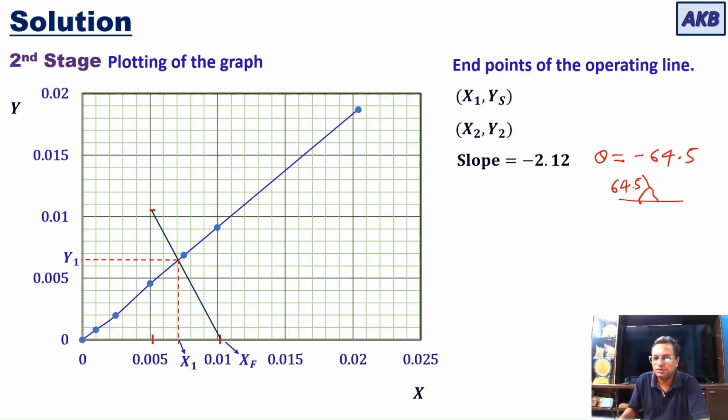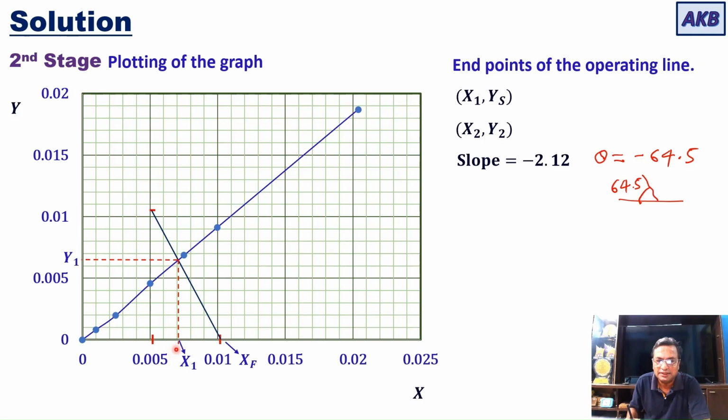So again, I will use the approach that I used previously for plotting this operating line. Or else, since the slope of the operating line for the first stage and for the second stage is the same, you can just draw a line that is parallel to the operating line for the first stage. You can do that, or you can use the approach where the definition of tan theta is used.